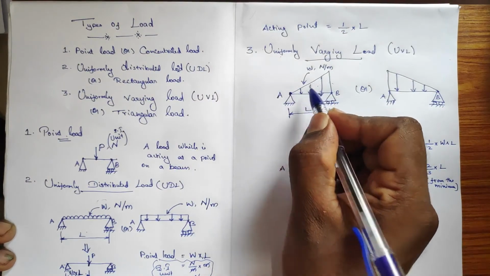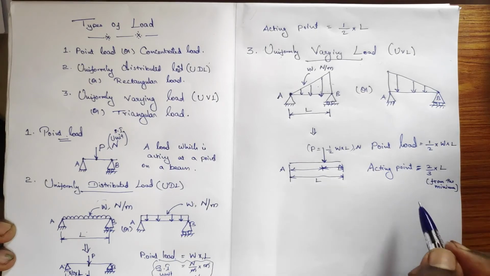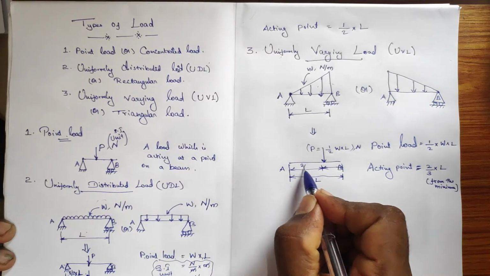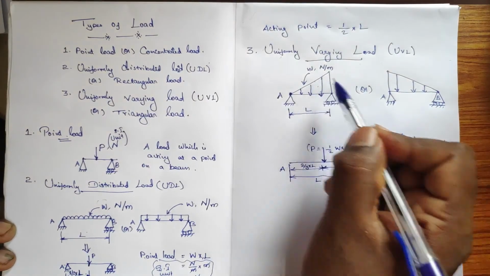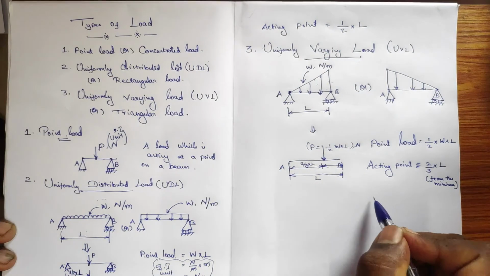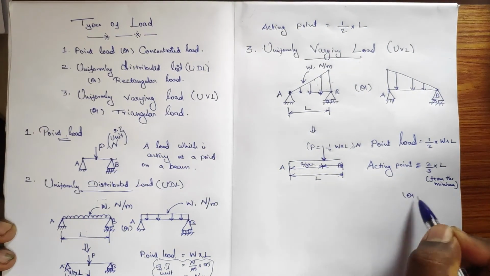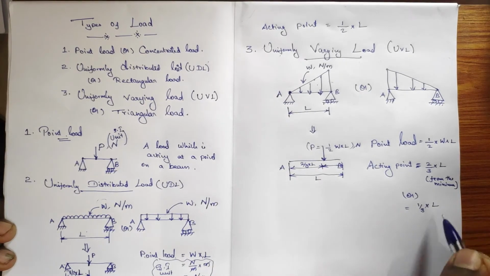From the minimum, from A, it will be 2 by 3 of its length. If you are taking from the maximum to the point load, the acting point will vary. That will be 1 by 3 into its length.